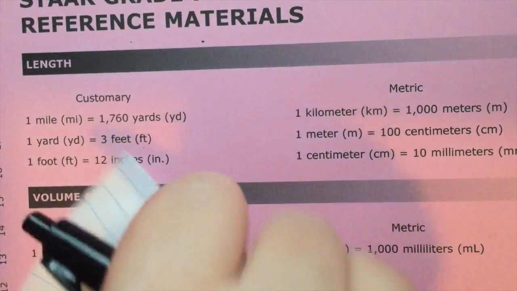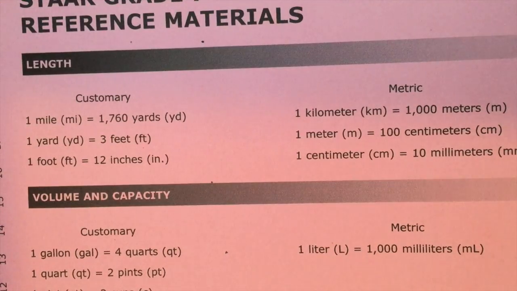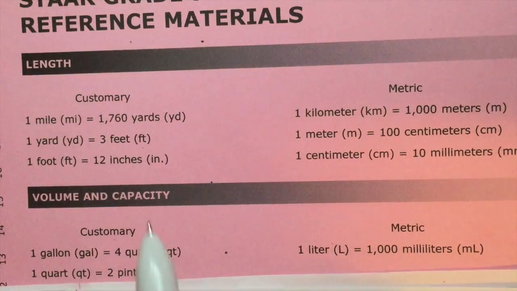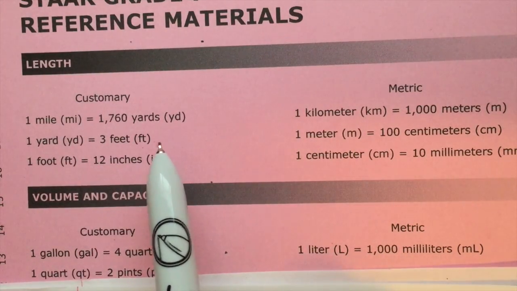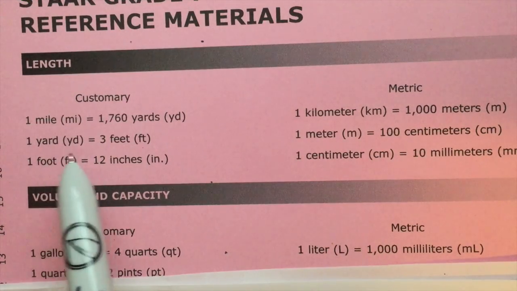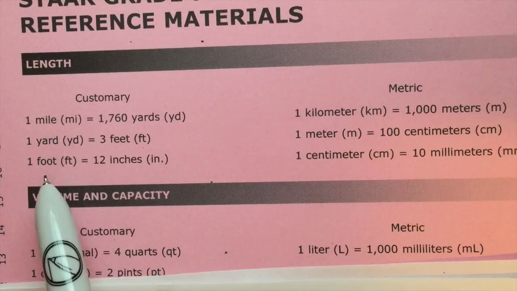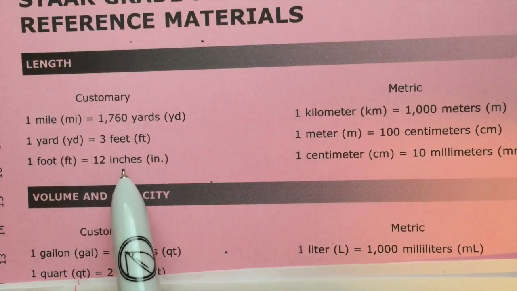Let's take a look at our reference material. In my reference material, the only reference I have to feet are here where it says 1 yard equals 3 feet, and here where it says 1 foot equals 12 inches.